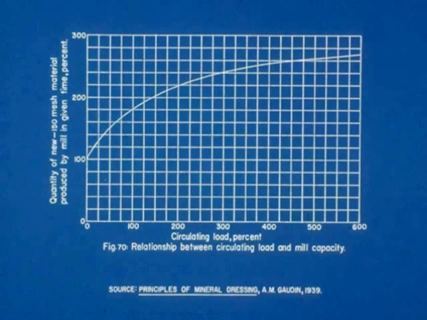He clearly demonstrated that the quantity of new product size material, new minus 150 mesh material, went from 100 to 260, 270 tons per hour with exactly the same amount of energy by implementing a higher and higher circulating load. And like many others, I'm sure I scratched my head over this for many, many years.